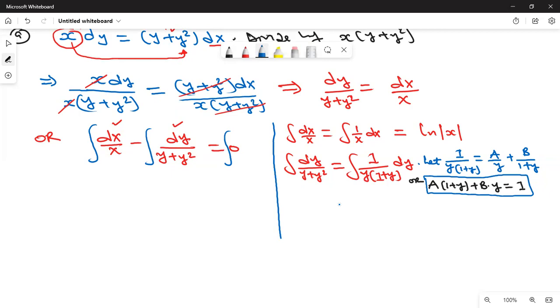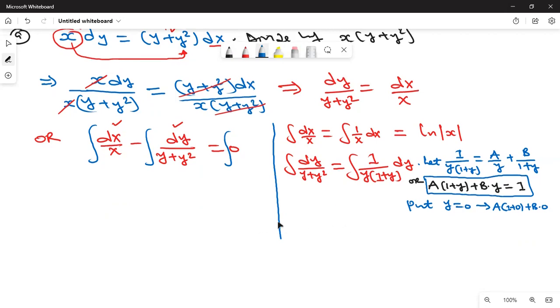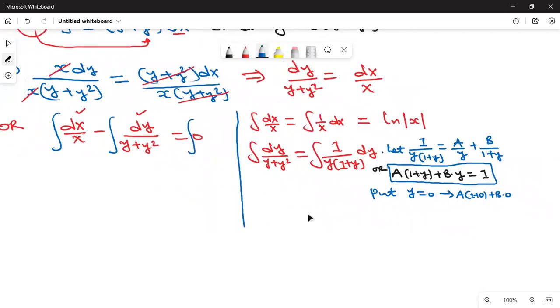The first method is the elimination method, and another method is when you compare the corresponding coefficients on the left and right-hand side. But I want to use the elimination method to realize that if I put y is equal to 0, we'll now have a times 1 plus b times 0 is equal to 1.